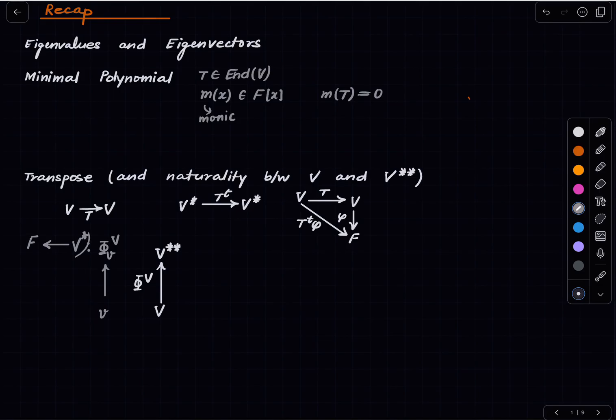So it consumes something in V star and outputs something in F. If it consumes phi, it outputs phi of v. So that's the definition of this guy, and the definition of this guy is little v going to that thing. Okay. And this is the natural isomorphism between V and V double star.